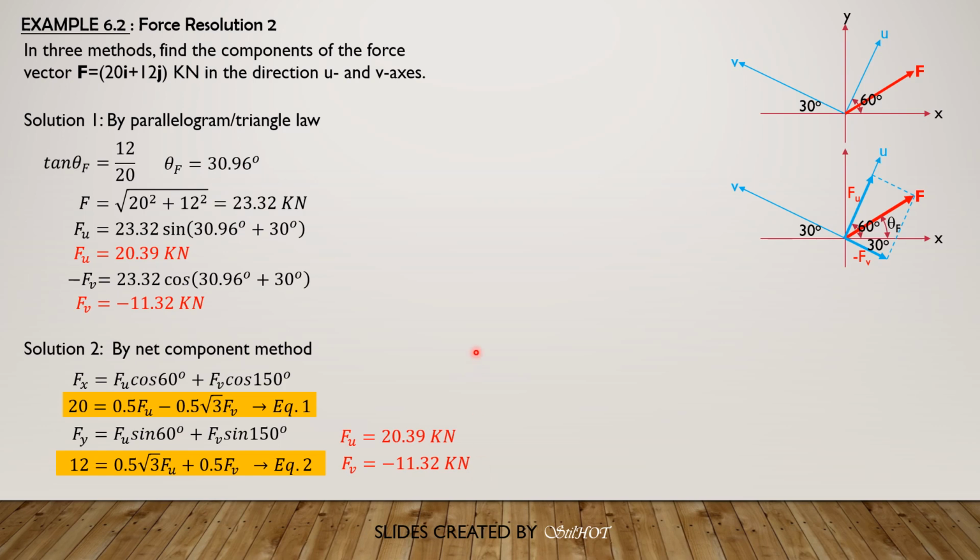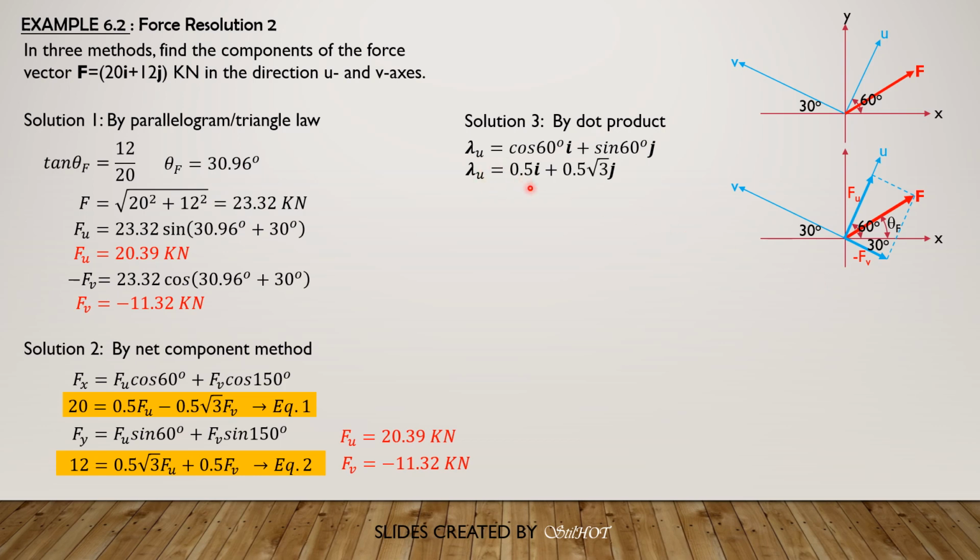Then for solution number 3, by dot product, the unit vector lambda u is cosine 60 degrees i plus sine 60 degrees j, while lambda v is cosine 150 degrees i plus sine 150 degrees j.